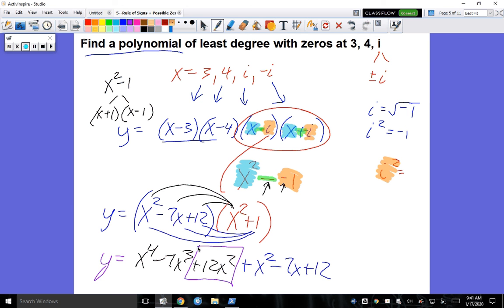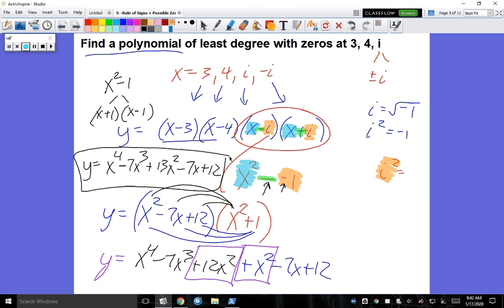I see squares, and those are the only things that I need to group together. So my final standard form answer should be y equals x to the 4th minus 7x cubed, positive 12, positive 1 is 13x squared, minus 7x plus 12. Are we good?